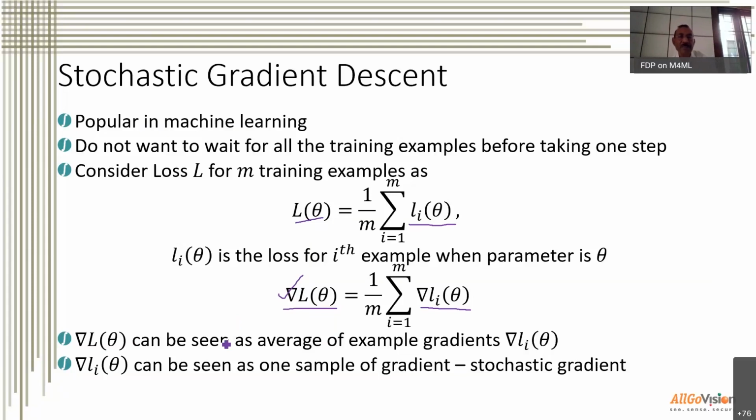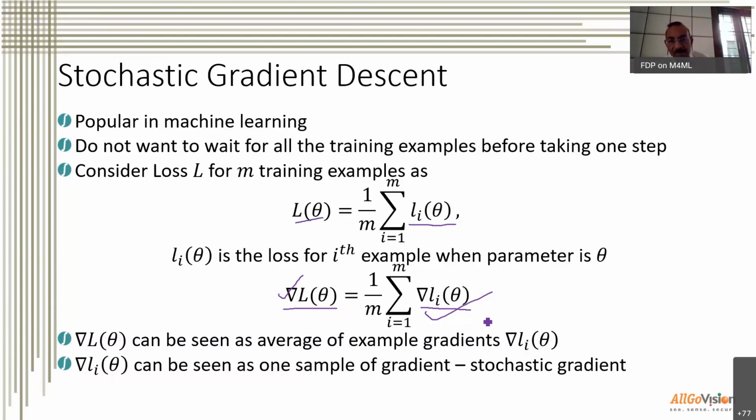So let's observe, what is del L theta? Del L theta can be seen as average of example gradients, right? So these small del Li is the example gradient, the contribution to the gradient from each example, right? So del L theta is nothing but average of all such gradients.